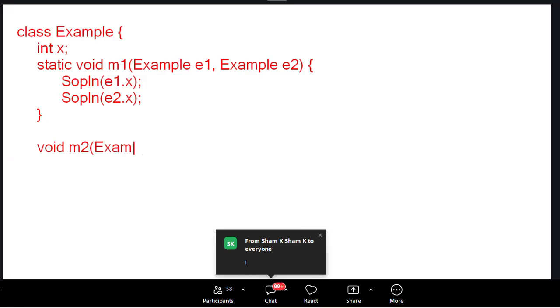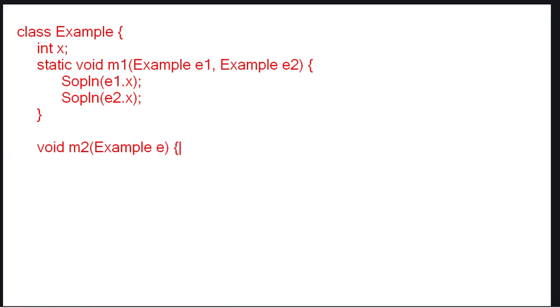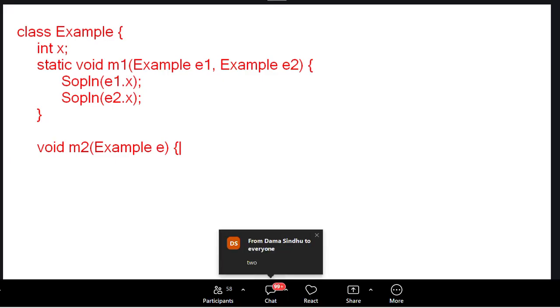So what do you write now here? Example E. That's all. If I write example E, how many parameters are available? One or two? Two. What is the first parameter? Excellent. This is always the first parameter. Now the second parameter is whatever you have written. The full statement is what? Void M2.